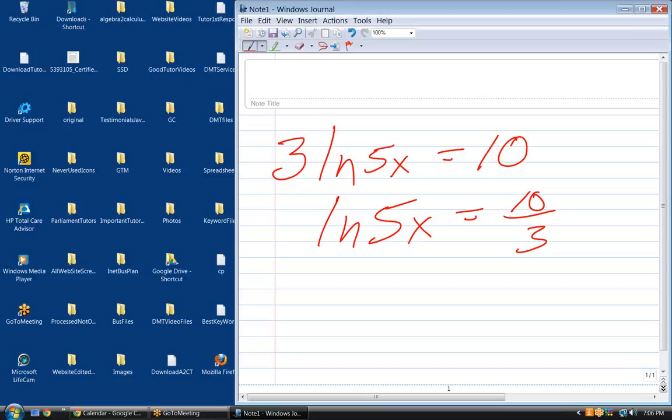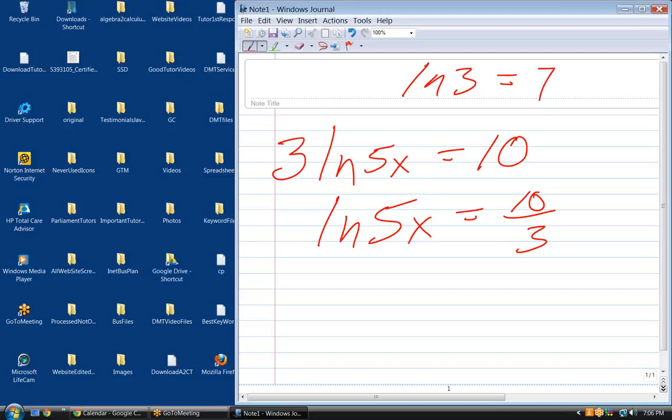Well, if I convert this to an exponential expression, what would I have? 5x. So you don't want to do that. Convert this to an exponential expression at the top.